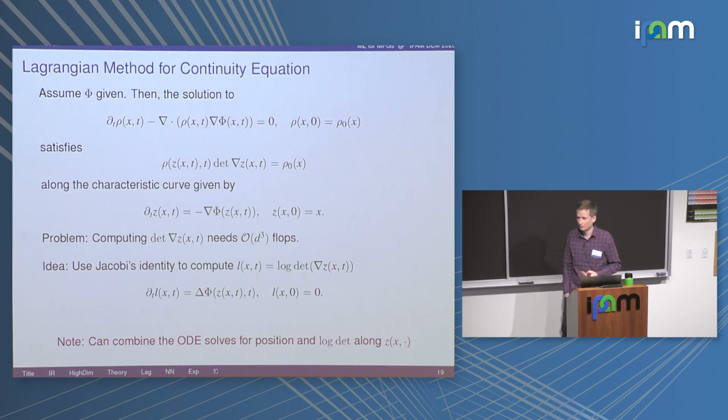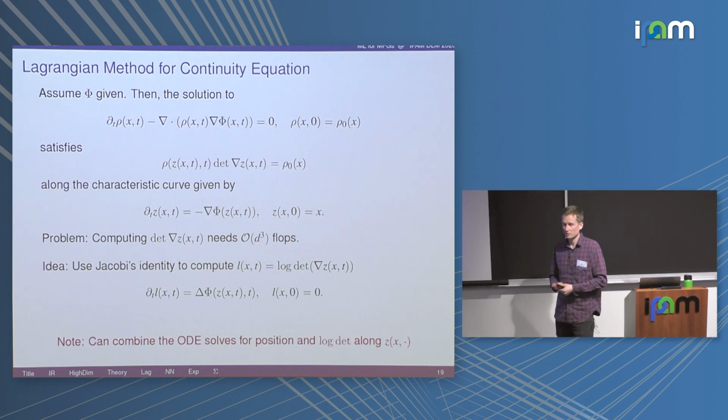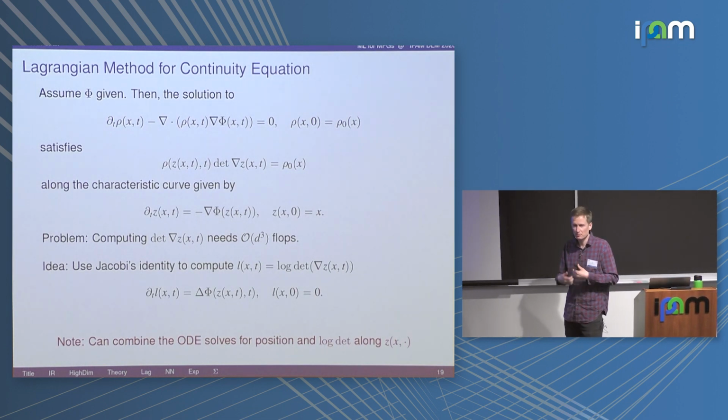Okay, great. So what does that buy us? We can solve the continuity equation. We can now eliminate it in the optimization. So we have an unconstrained problem. We get the density along the whole path. We still have to think about how to measure all these other costs, like how much we're moving, how fast we're moving, how far we're moving, and the terminal cost.